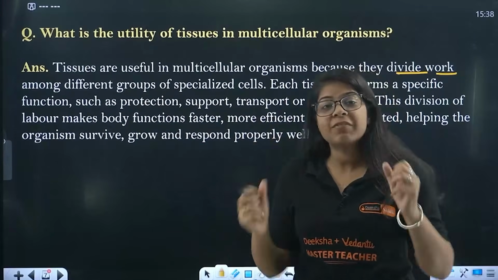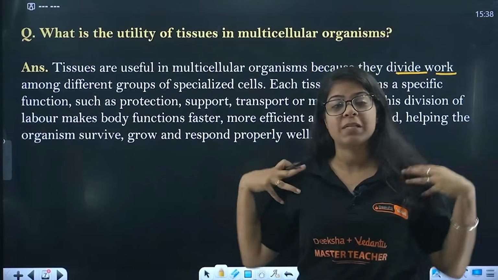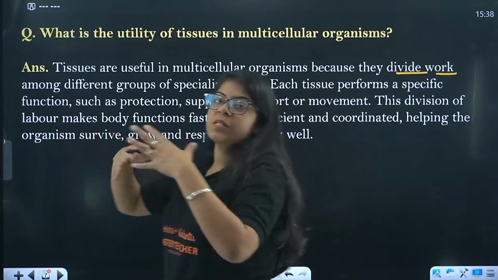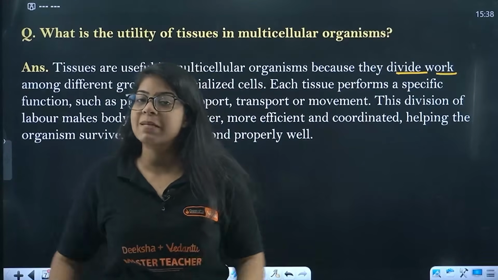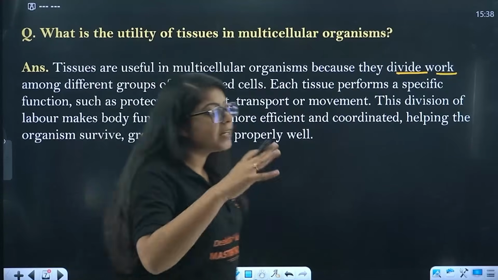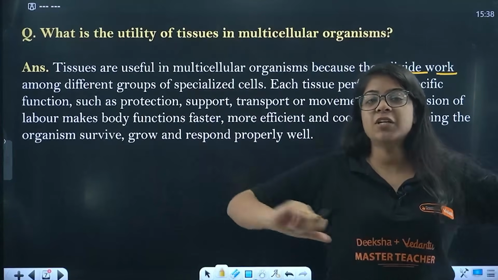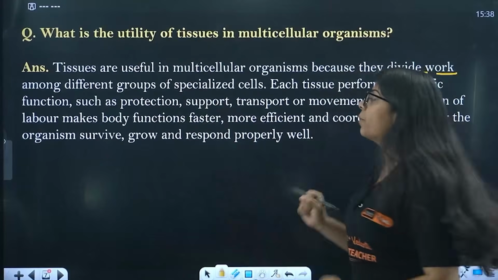There are so many different tissues. Kidney has its own tissue, my heart has its own tissue, my muscles, my skin has its own tissue, and everything performs its different function. The same function that my kidney is performing is not performed by my skin, right? So every tissue has a different work, and it is divided among different kinds of tissues, different kinds of cells. All those cells come together to form a tissue.